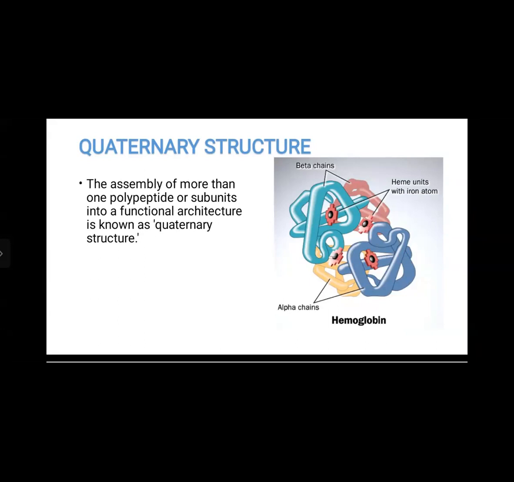This is the quaternary structure of the protein. Already we said, two or more different proteins come together and perform their function, that is the quaternary structure. This quaternary structure is responsible for proper functioning of the protein.